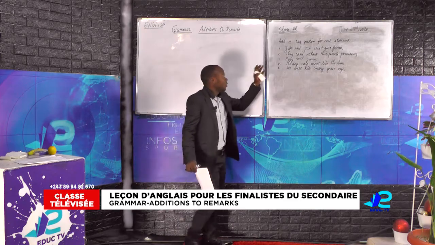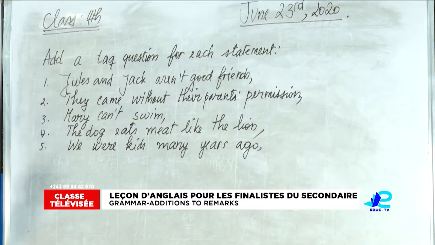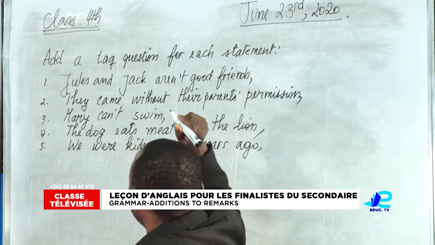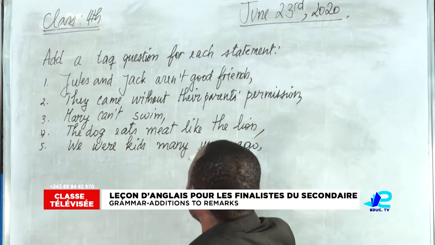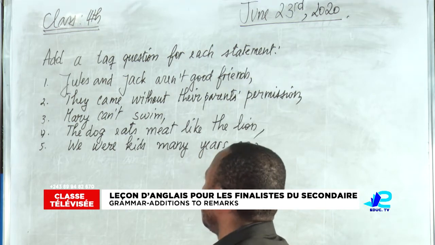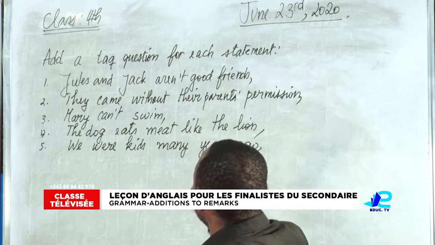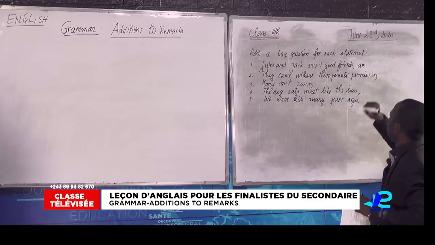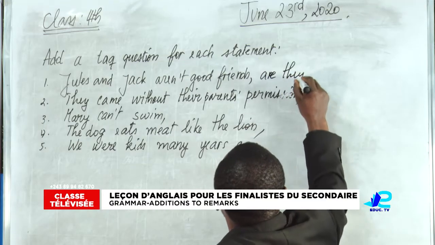That's why here we have 5 sentences. The first is there. What is the tag question, or how did you do your homework? All right. I know that yourself, you have found the answer with the first sentence. Jules and Jack aren't good friends. As the sentence is negative, the tag question will be: are they?